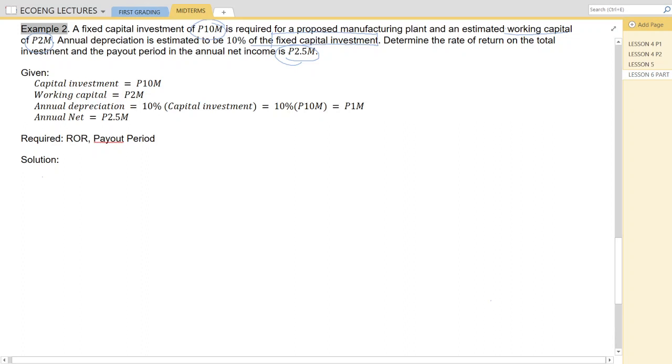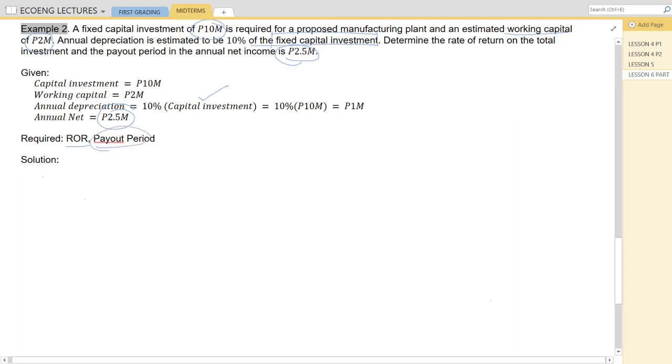We don't include the working capital of 2 million. So the annual depreciation is 10% of 10 million, which is equal to 1 million. And the annual net income is given as 2.5 million. We are required to get the rate of return and the payout period.